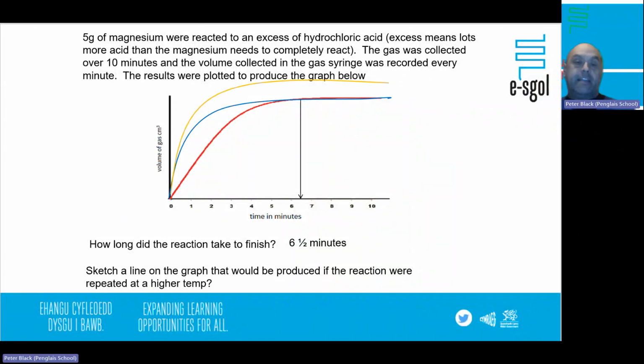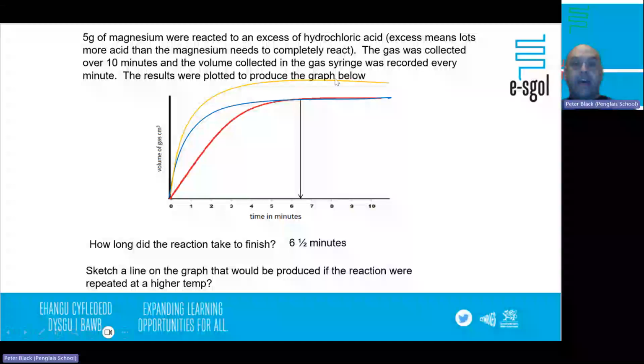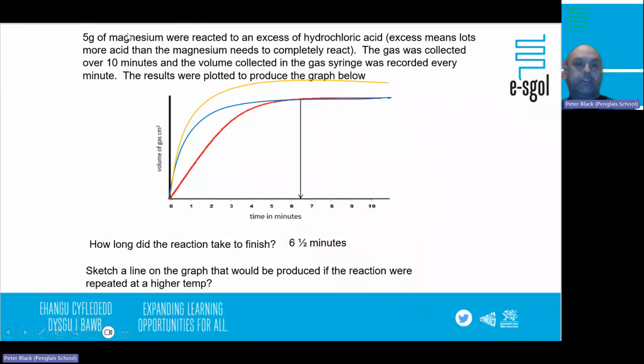If you drew a graph like this, you may get a mark in the exam because you're still showing the reaction going faster, but this is showing that you're producing more gas, and you wouldn't be able to produce more gas, you just make it quicker. The only way you could get that line there is if you increase the mass of the magnesium used, because if you're using more magnesium, then you'd make more gas.